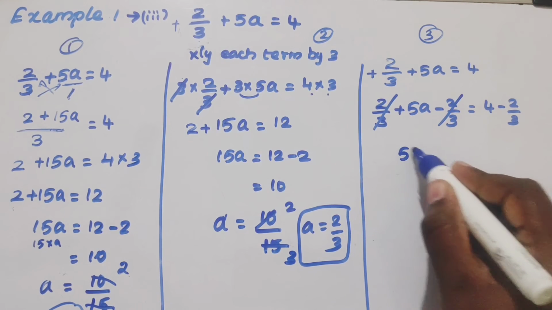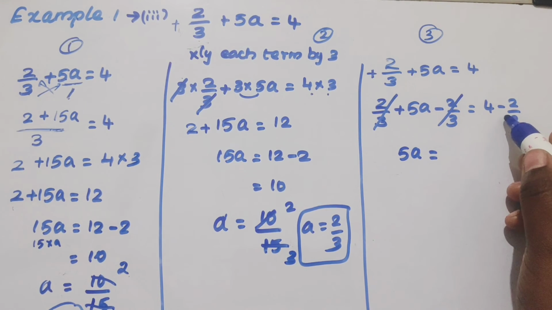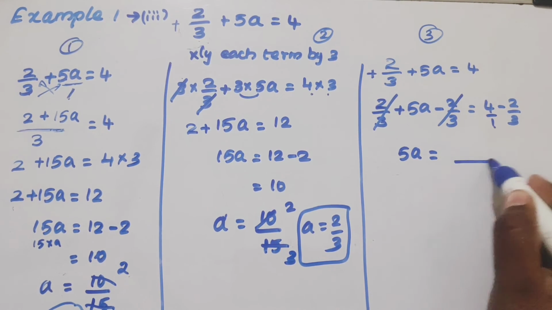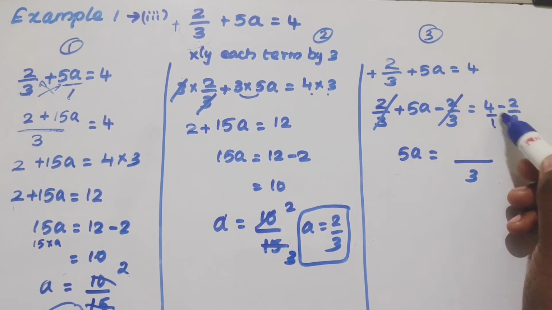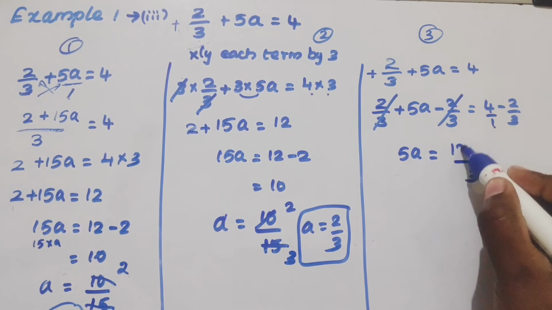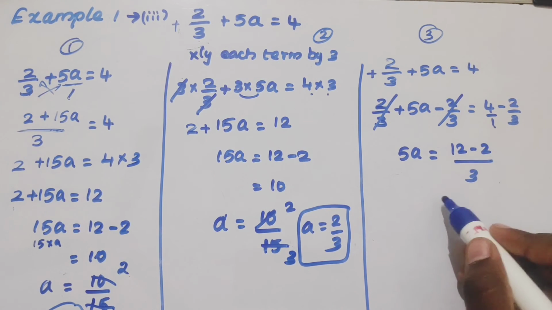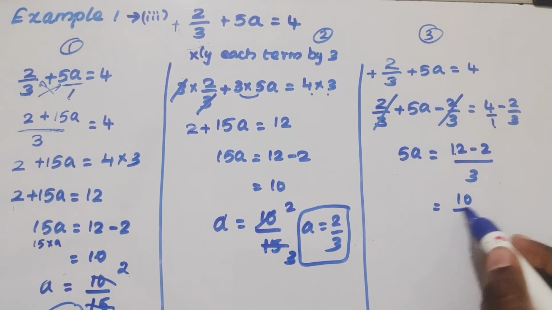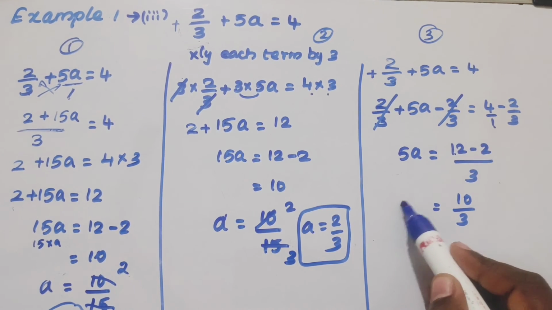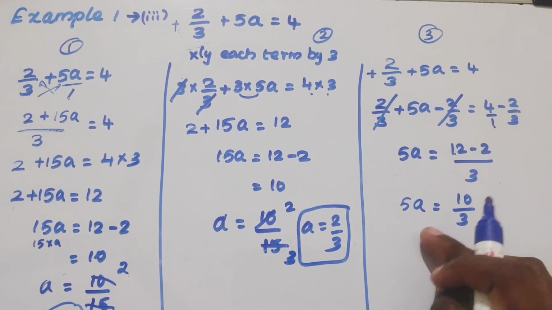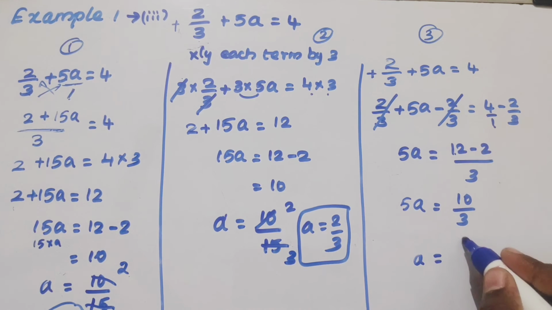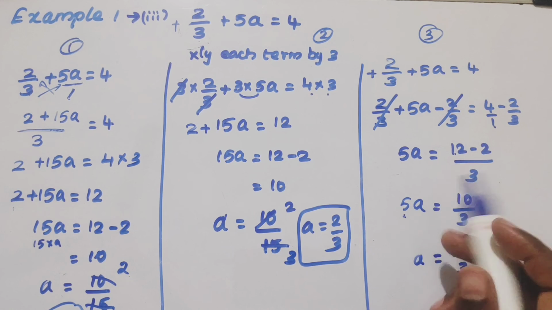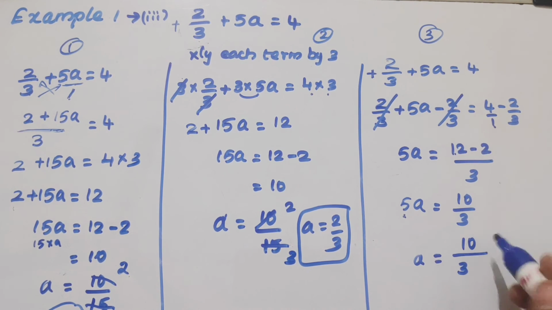Therefore, this term and this term get cancelled. The remaining is 5a equal to, here the LCM of 1 and 3 is 3. Cross multiply: 3 into 4, 12, minus 1 into 2, 2. Therefore, the term will become 12 minus 2, it is 10 by 3. Here it is 5a. We need to find the value of a, therefore a equal to 10 by 3, with the number 5 in multiplication, so on the equal to side it will come in division.